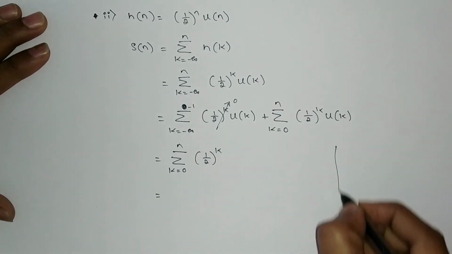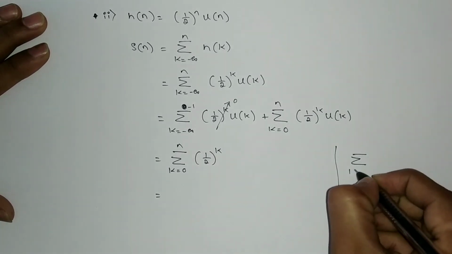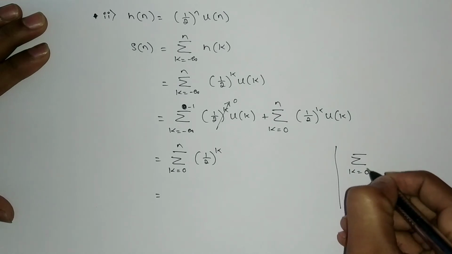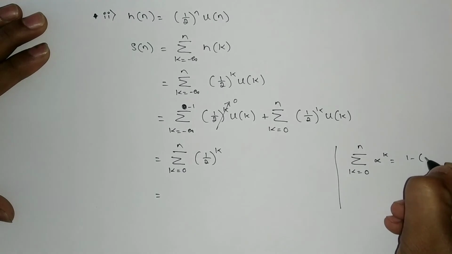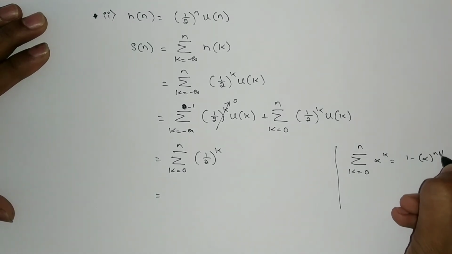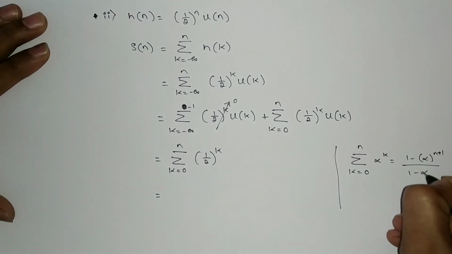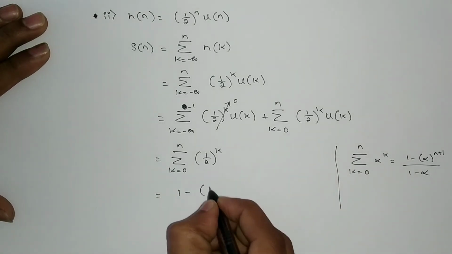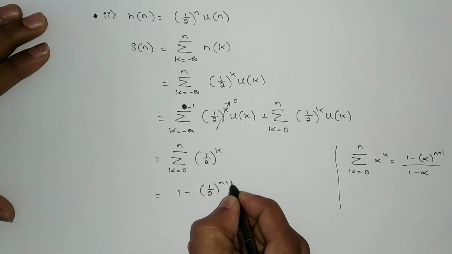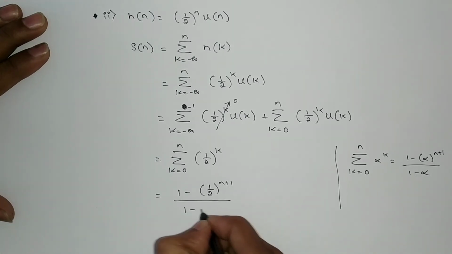And this is also similar to that of the previous one. Summation of k is equal to 0 to n alpha power k will be equal to 1 minus alpha power n plus 1 divided by 1 minus alpha. Substituting, 1 minus 1 by 2 power n plus 1 divided by 1 minus 1 by 2.